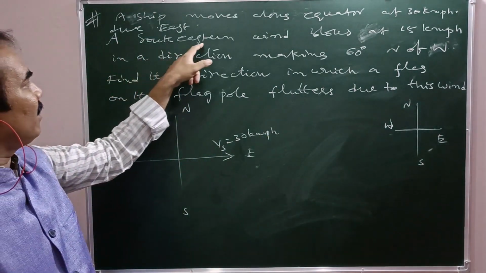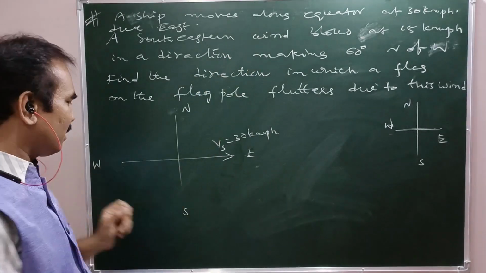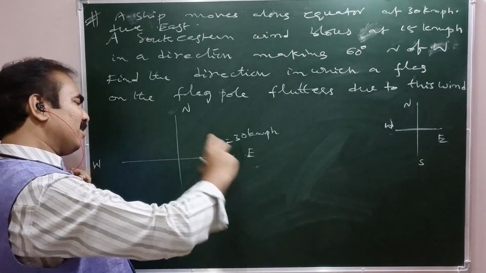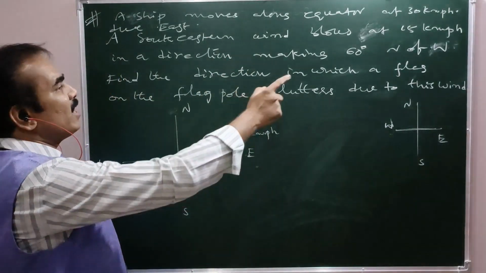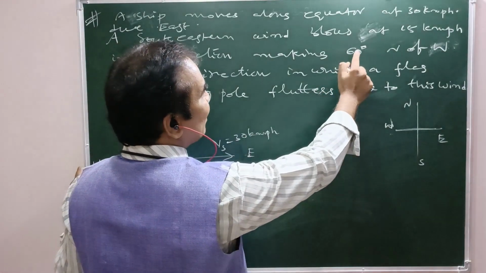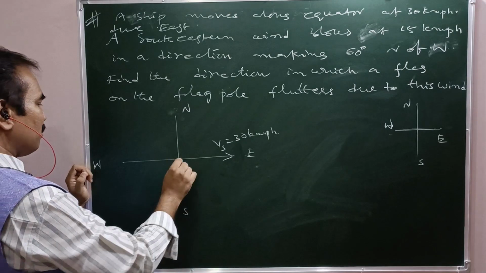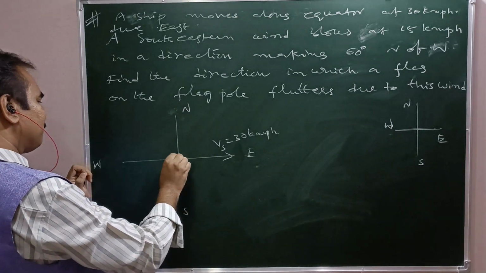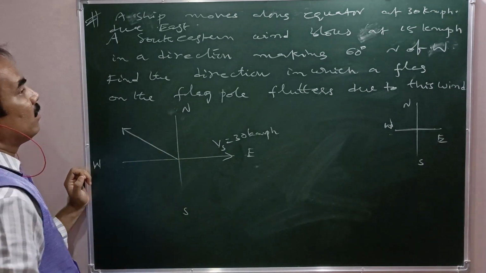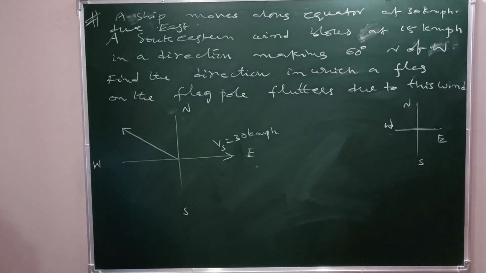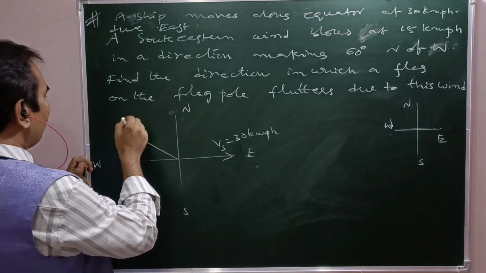The southeastern wind. See, from this side wind blows such that it makes an angle of 60 degrees north of west. North of west means like that, right? This is the velocity of the wind, right?